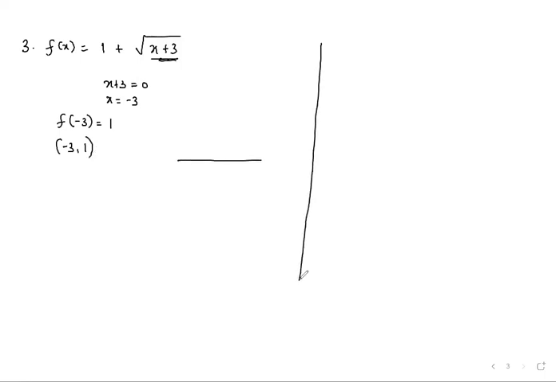When I find that point, I can even go and click on the graph. So I have -3, 1. I put the point there. If what I have here is positive, then I know that my graph is going up. So there will be no x-intercept. Okay? There will be no x-intercept.